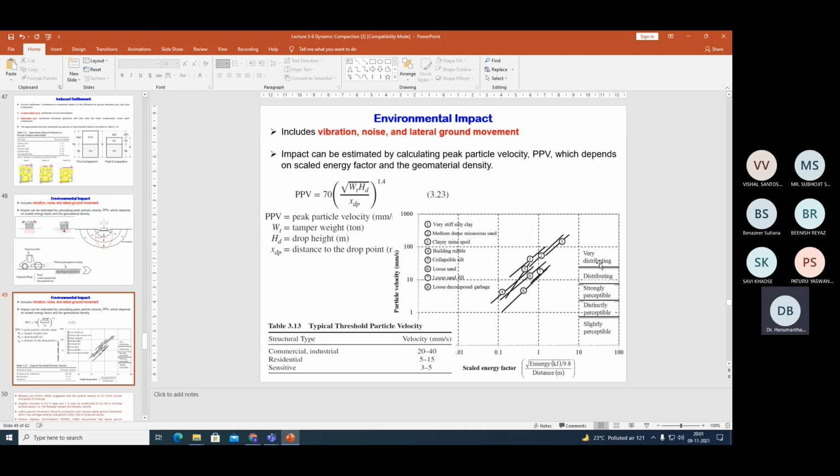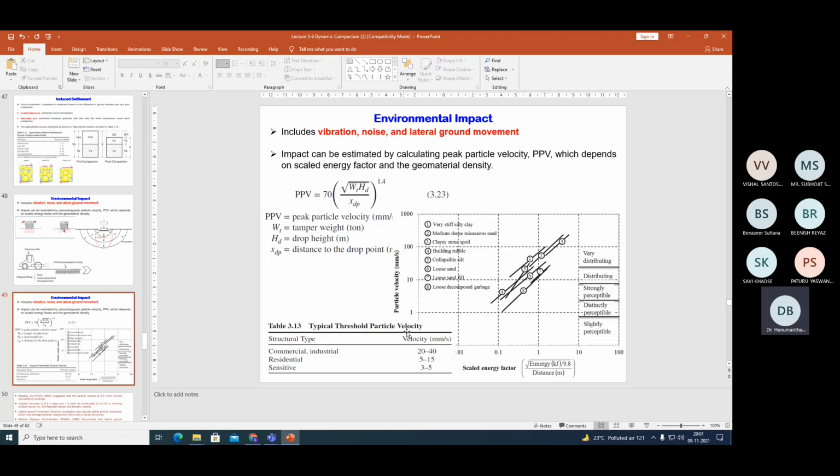In case of very disturbing, do you dare to do dynamic compaction in that area? Possibly no, because there is a possibility of legal issues. That person can go to court and make a complaint, then you will be in big trouble. So you need to fairly understand what would be the peak particle velocity, and thereby what would be the environmental hazard to the adjacent structure or adjacent people.